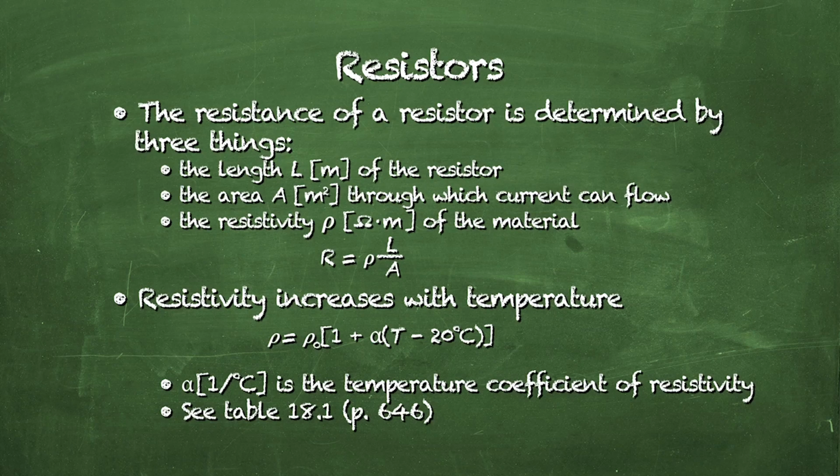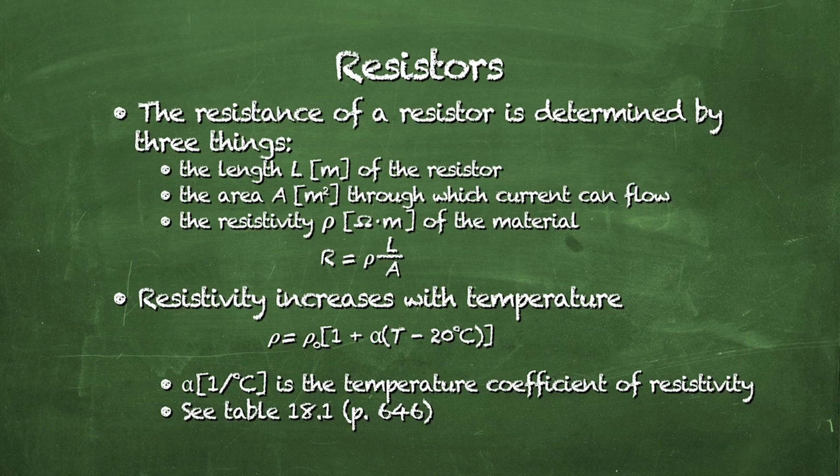Resistivity is represented by a lowercase Greek rho. We put all this together in the equation. Resistance is equal to resistivity times the length of the resistor divided by the area.